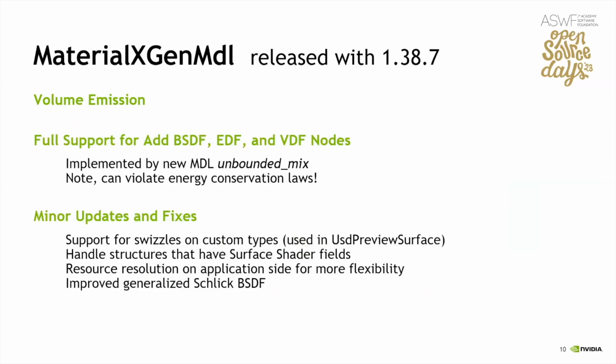There have been a few more updates in the 1.3.8.7 release that I just listed here for reference. This includes emissive volumes, arbitrary weights for add BSDF, EDF, and VDF nodes, non-uniform weights for the mix EDF node, and a couple more, but I'll skip over them to show you a bit more of the current work we are doing at the moment.